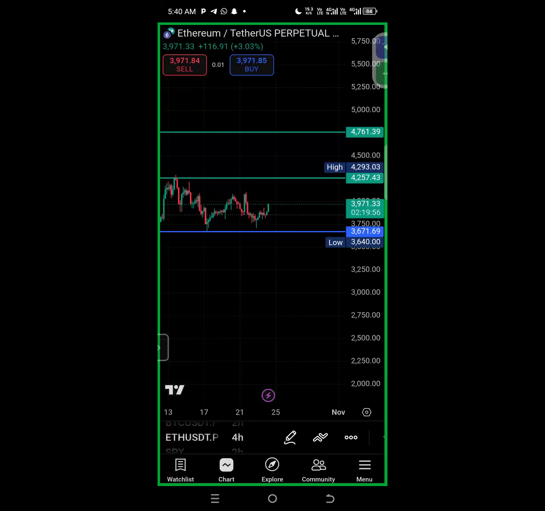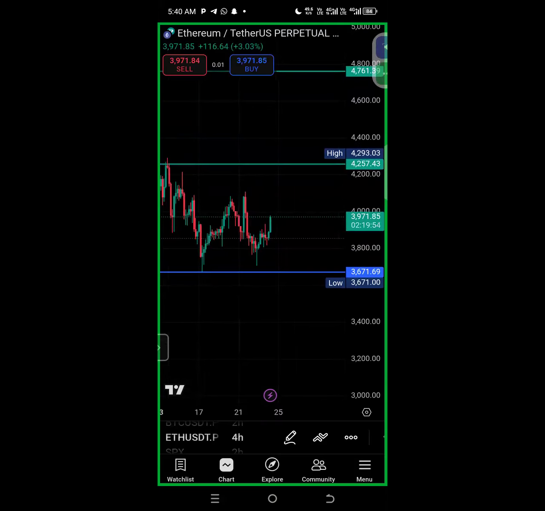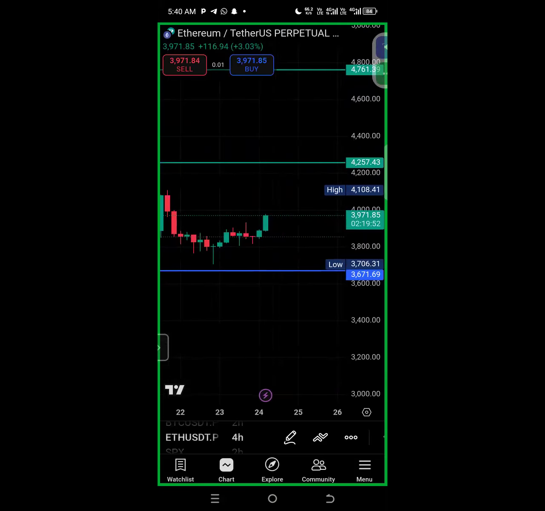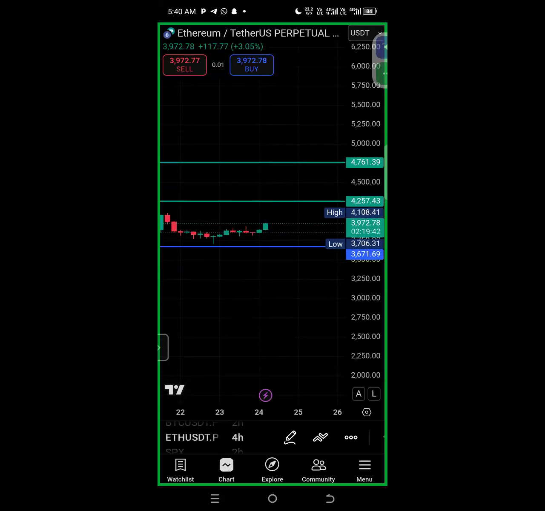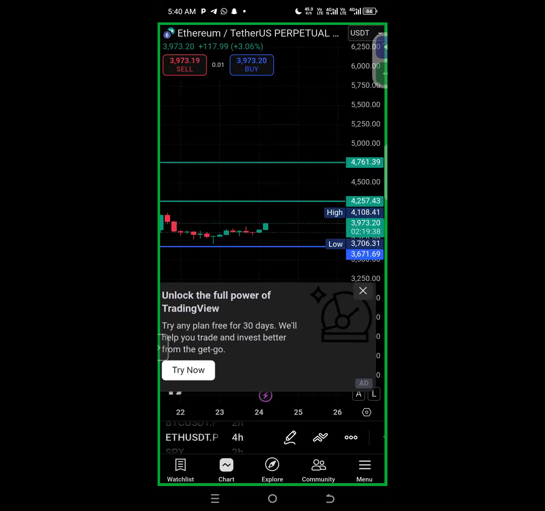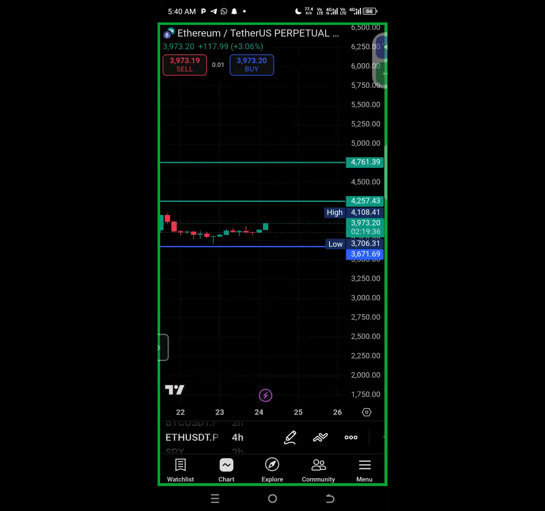So looking at this, what we are saying is this. If we expect the price to move ahead or to move below, based on the support and resistance lines that you've drawn, you could wait for price to react.